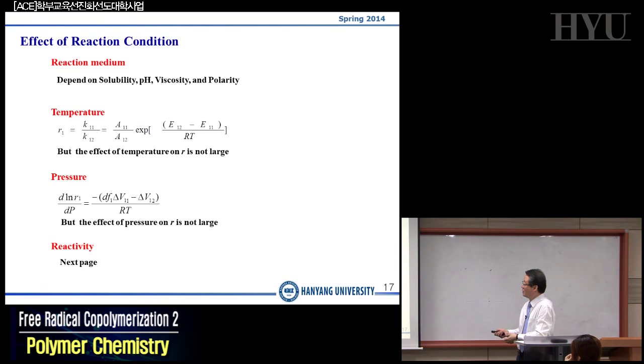Pressure should have affected the monomer reactivity ratio from this equation, but the dependence is not that much as in the case of temperature.